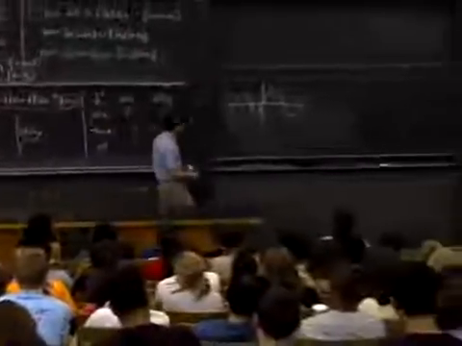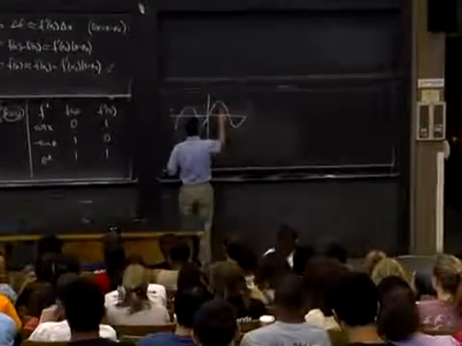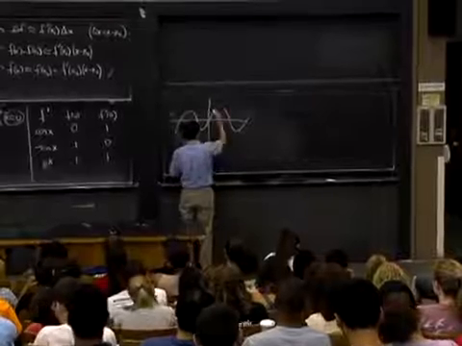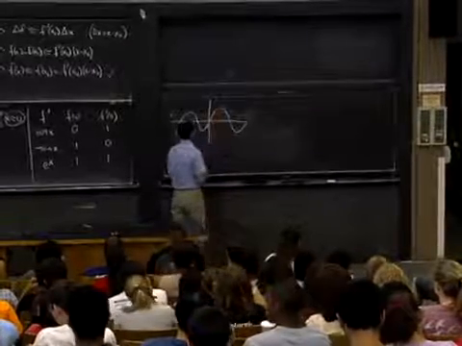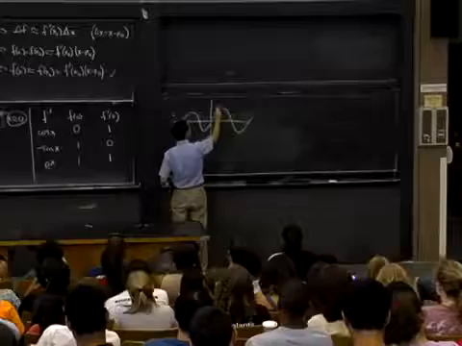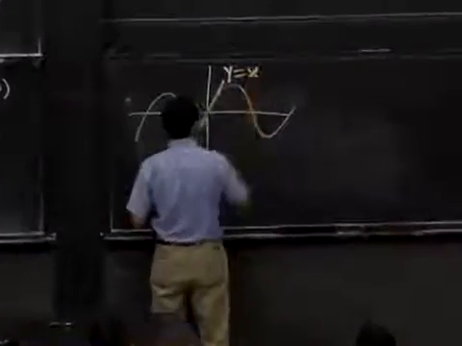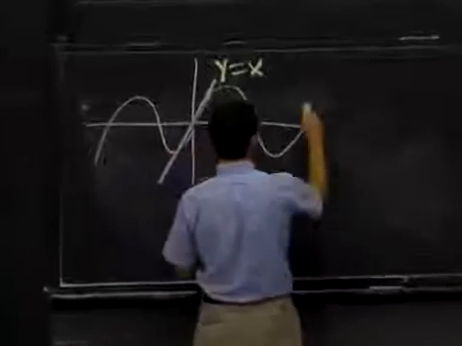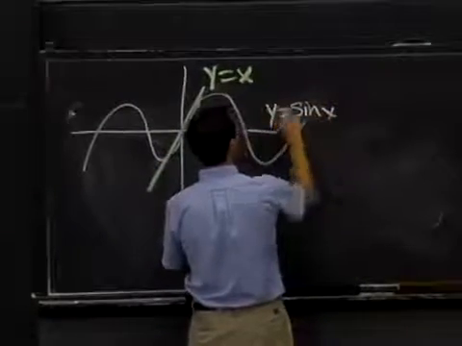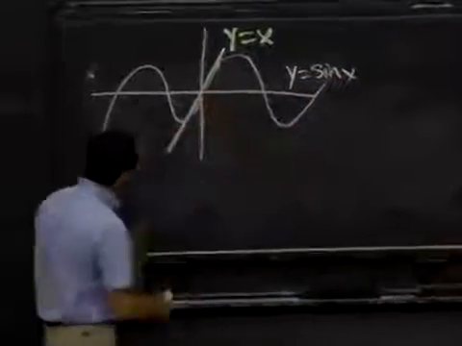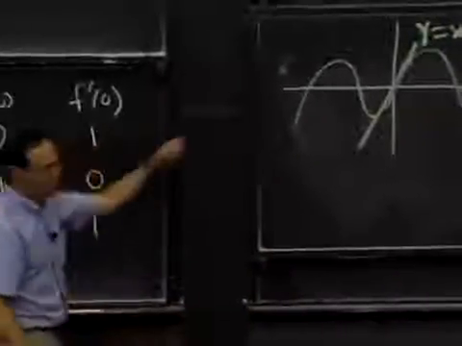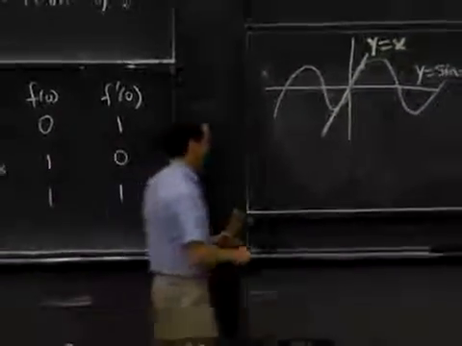Let's try to make the two bumps be the same height, roughly speaking. Anyway, the tangent line we're talking about is here, and this is y equals x. And this is the function sine x. And near 0, those things coincide pretty closely.